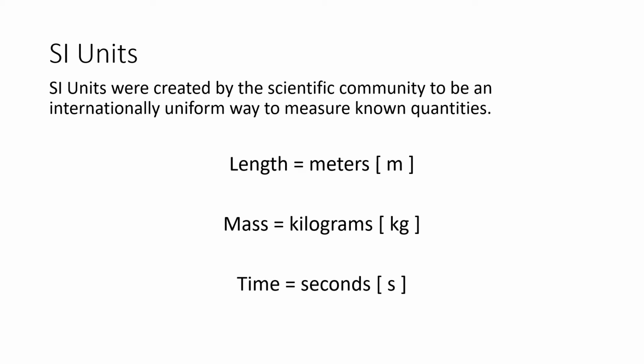And you might be thinking, why have we chosen these ones? Why have we chosen a meter, kilogram, and seconds? These are the ones that we're going to use. There's others for like electric current and for temperature, but these are the ones that we're going to see on like a daily basis.